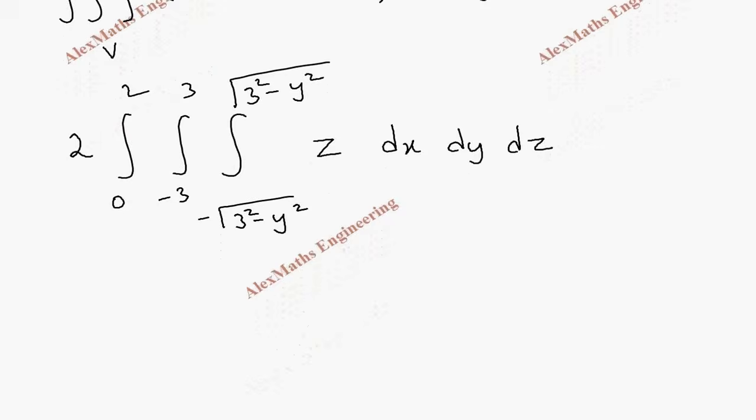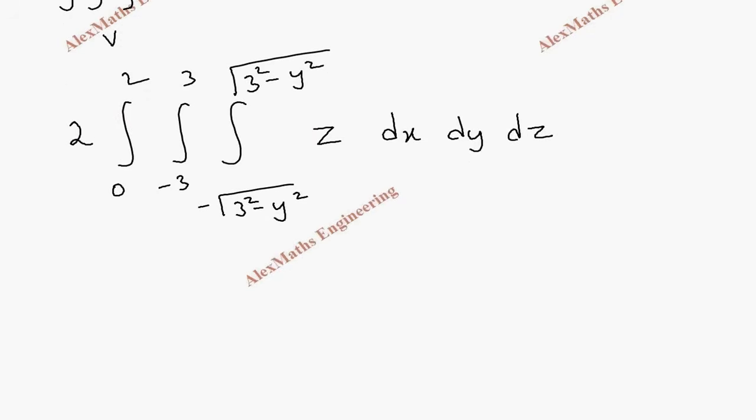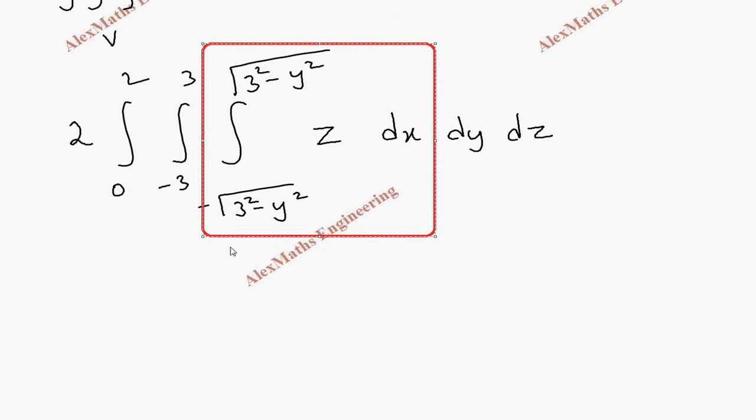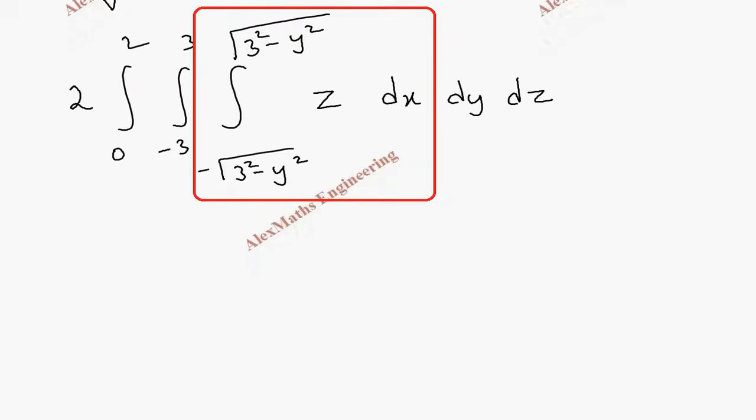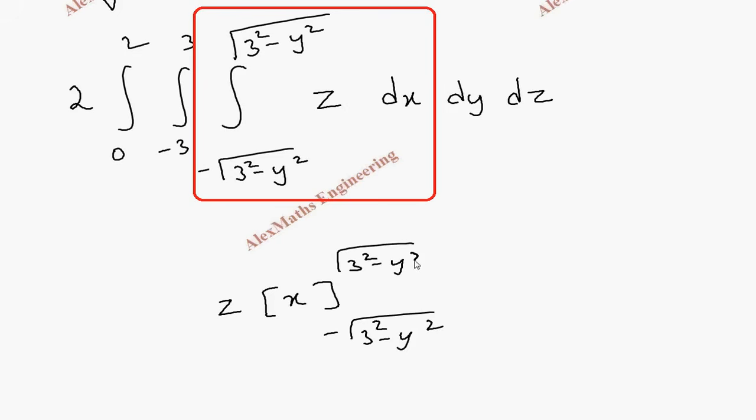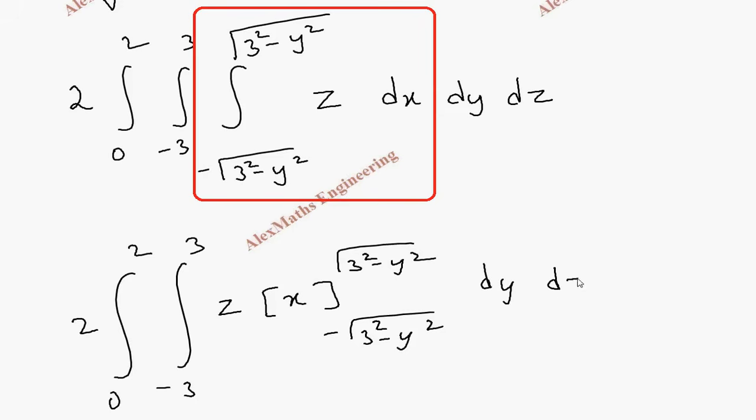So now we are going to integrate this first with respect to x. Means we have z as a constant and we have only x, and the limit is from minus of this value to plus of this value. Then integral minus 3 to 3, integral 0 to 2, 2 times dy dz.